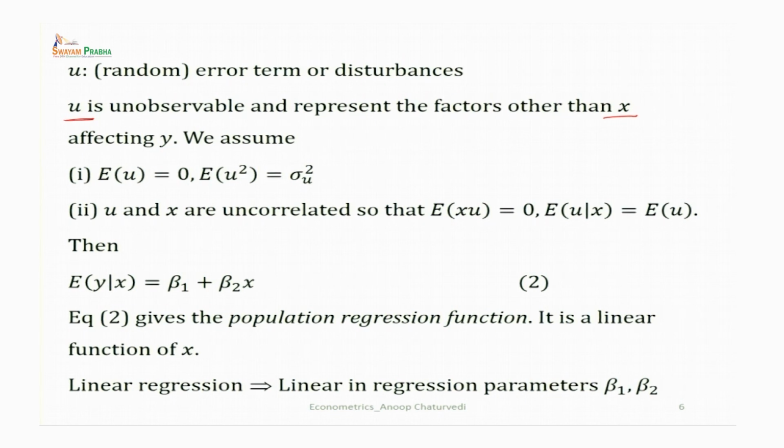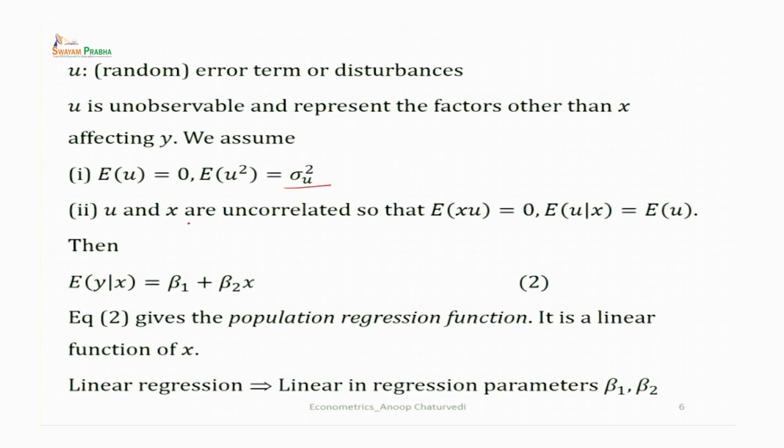We assume that expectation of u is 0. Sometimes your error may be positive, sometimes your error may be negative, but its expected value is 0. Variance of u is sigma square u.